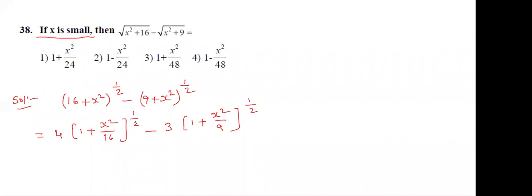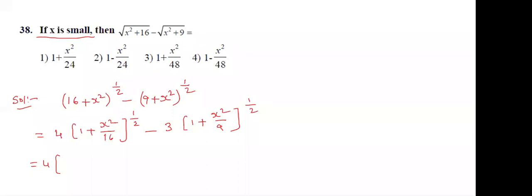Here students observe that x is small means x square and higher powers of x are very small values. Those values we can neglect, but which values can we neglect? See the options. The x square term is there. Whatever is more than x square, those terms can be neglected. First, write the formula. 4 into, this is in the form of 1 plus x whole power p by q.